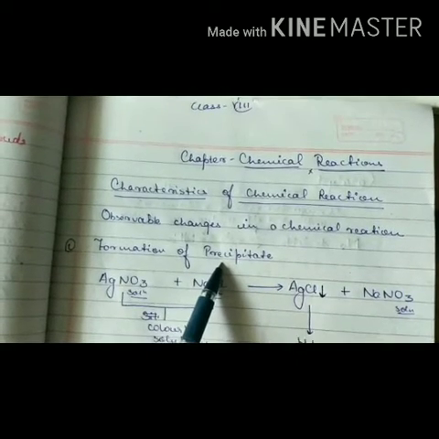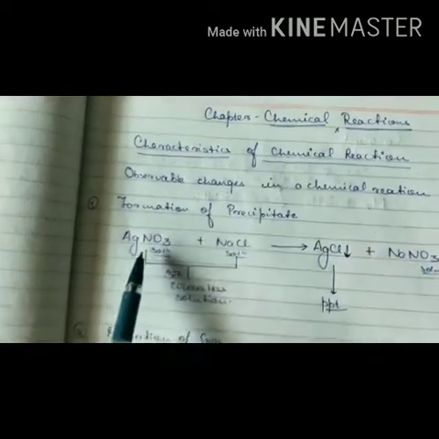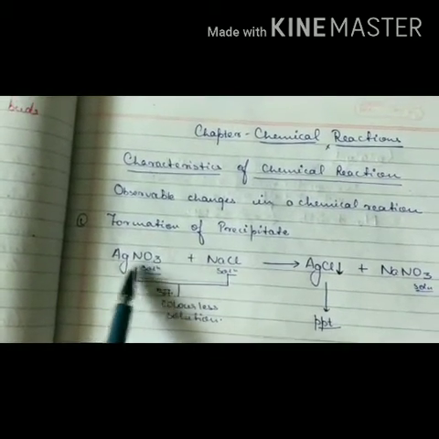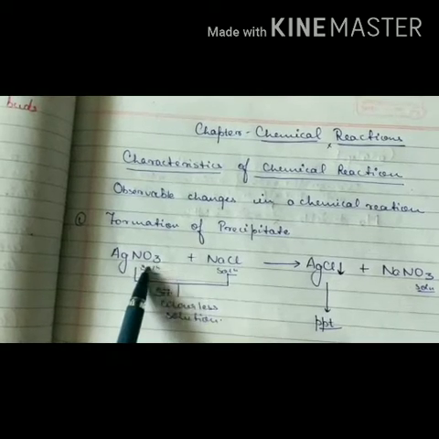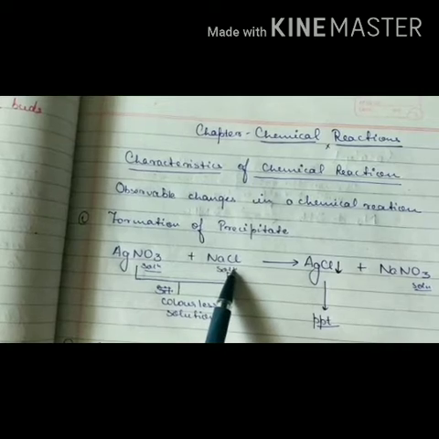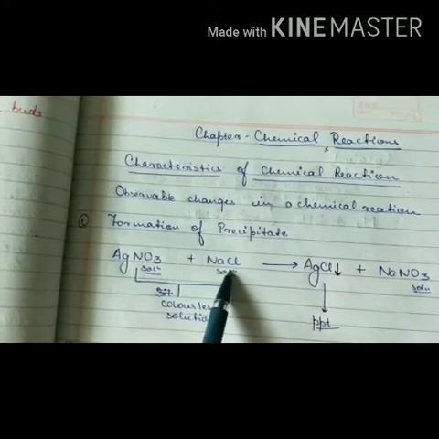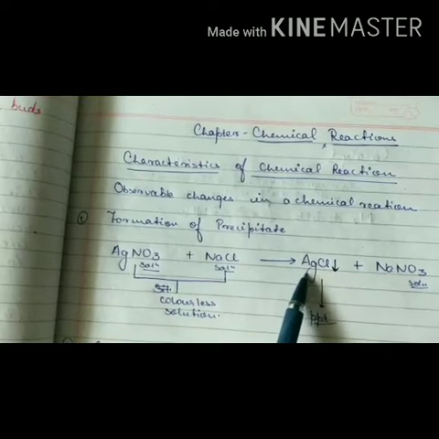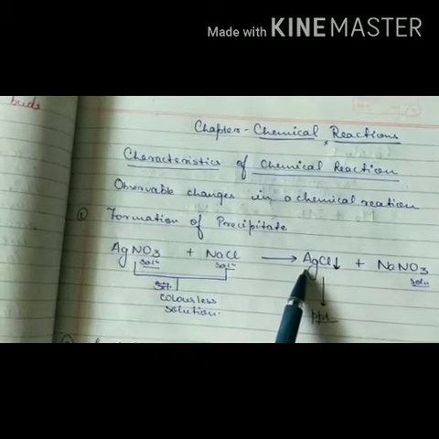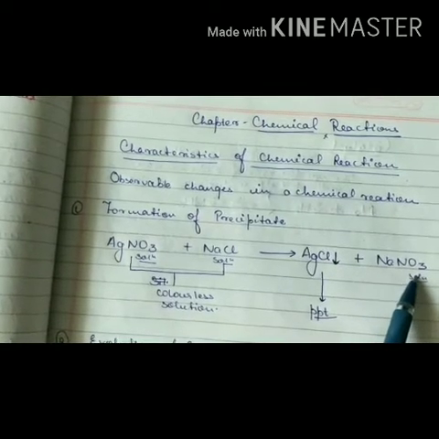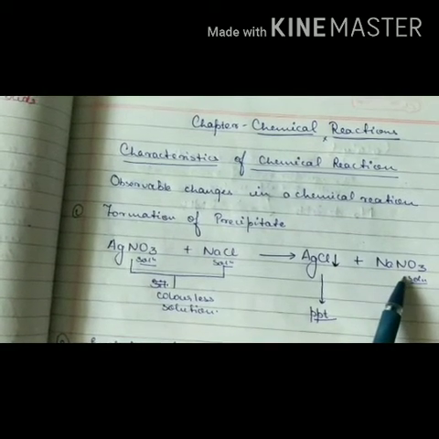precipitate. Here you can see an example: AgNO3. What is the name of AgNO3? It is silver nitrate. This is NaCl. What is the name of NaCl? Sodium chloride. They react together and form AgCl, silver chloride, and NaNO3, sodium nitrate solution.